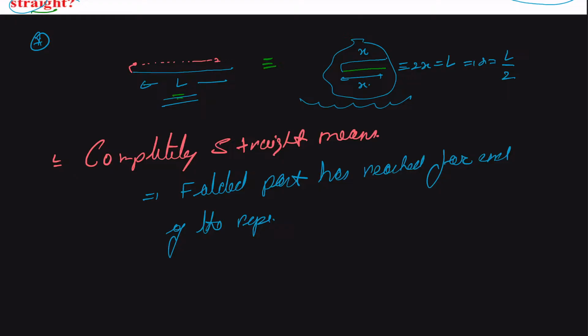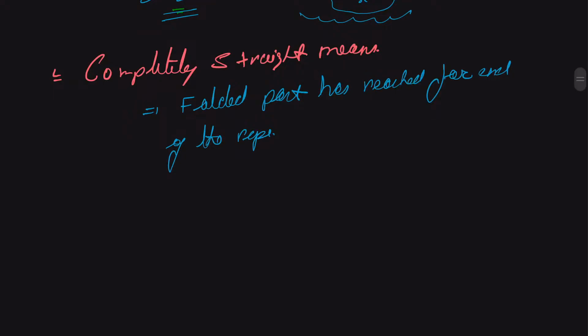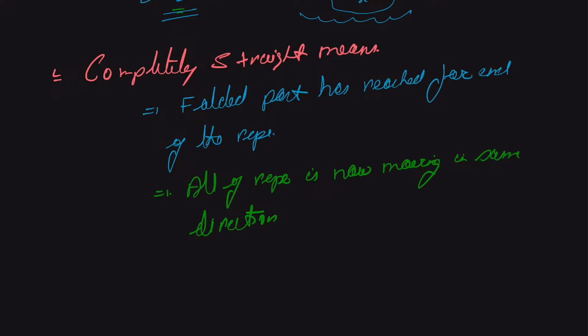and all the rope will be moving in the same direction without any fold under this condition. So furthermore we can write that all of the rope is now moving in the same direction with no fold.